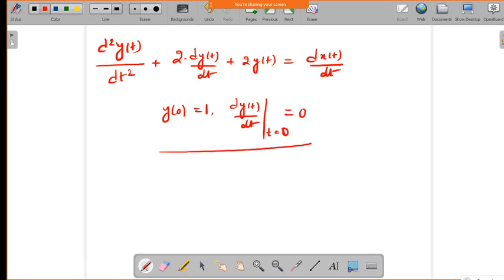These are the initial conditions. So now try to find out the roots of this equation.